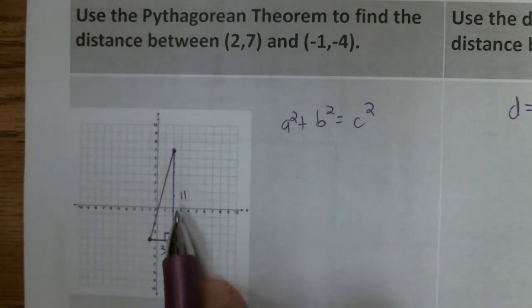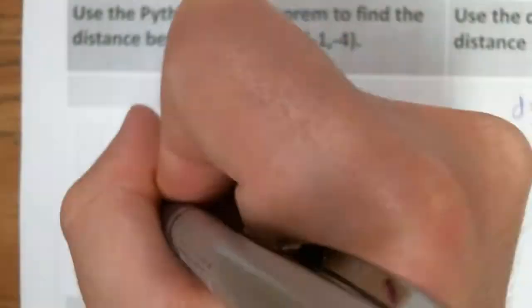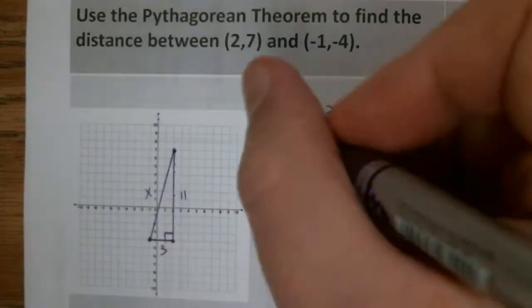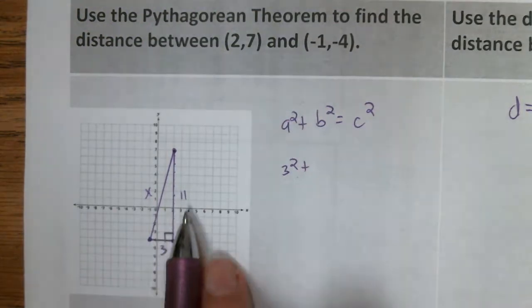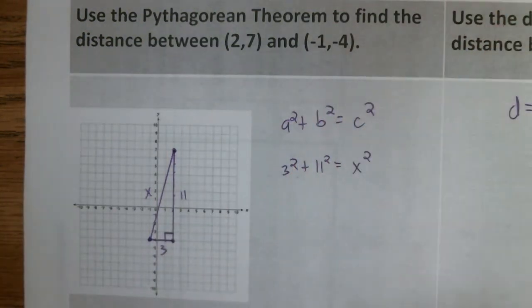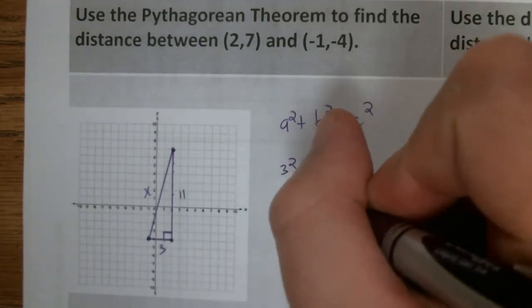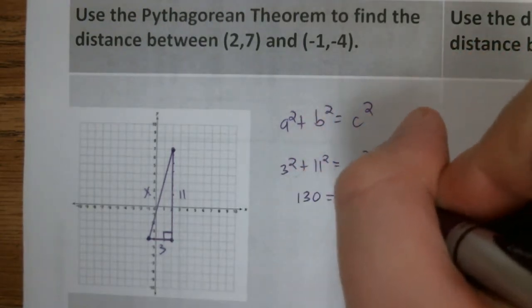Okay, alright, so now to find the hypotenuse, we'll let this be my x or my c, it doesn't matter. I'm just going to do a squared, so 3 squared plus b squared, 11 squared, equals c squared, or in this case x squared. And then I'm going to plug that into my calculator. 3 squared plus 11 squared gives me 130 equals x squared.